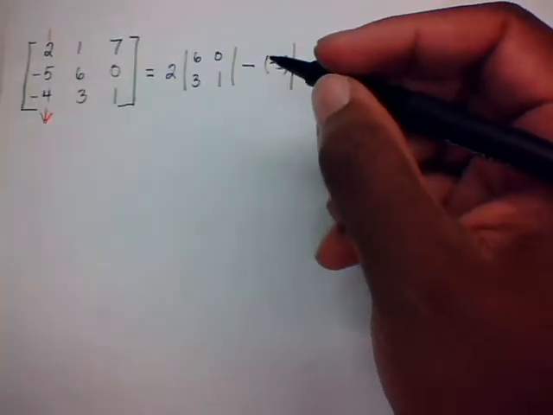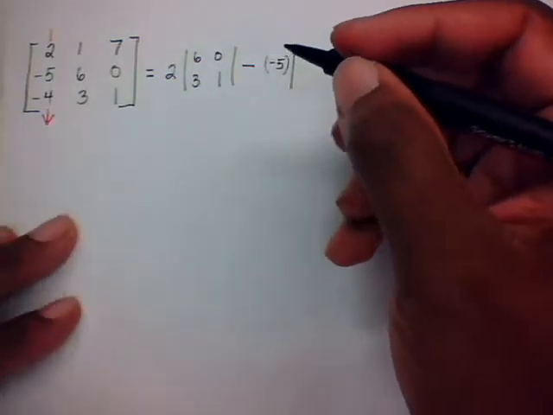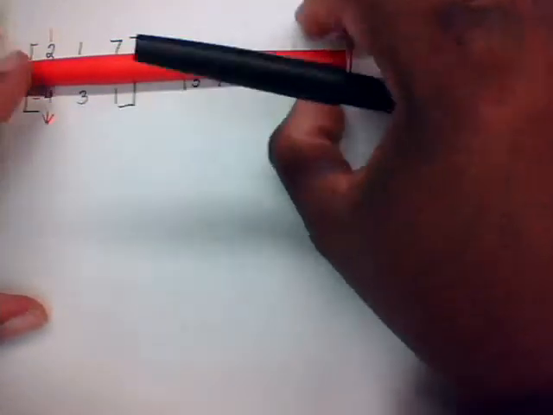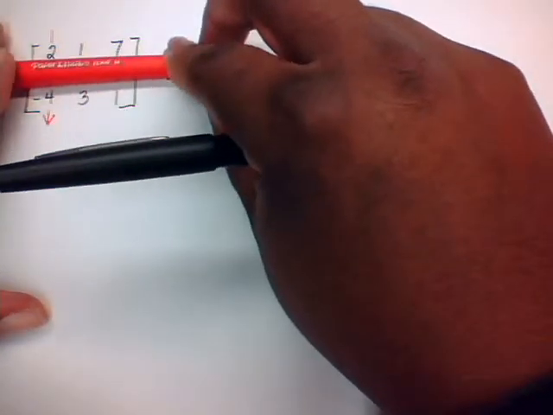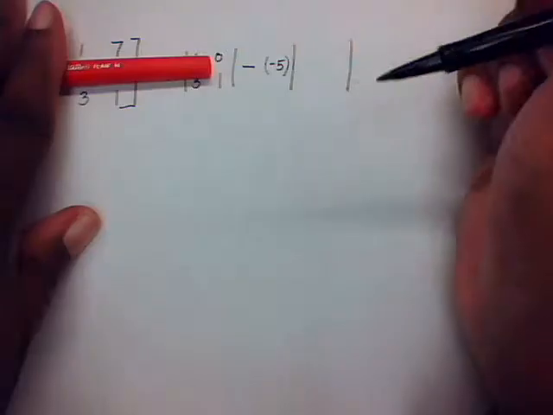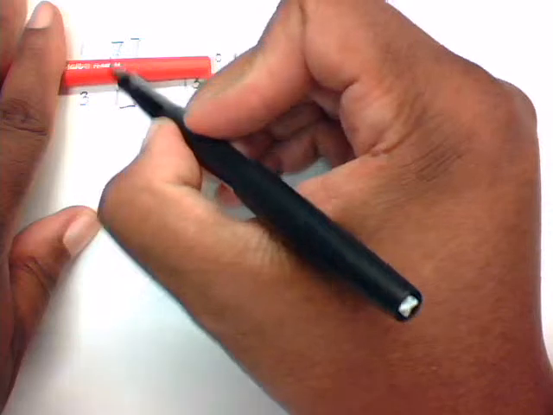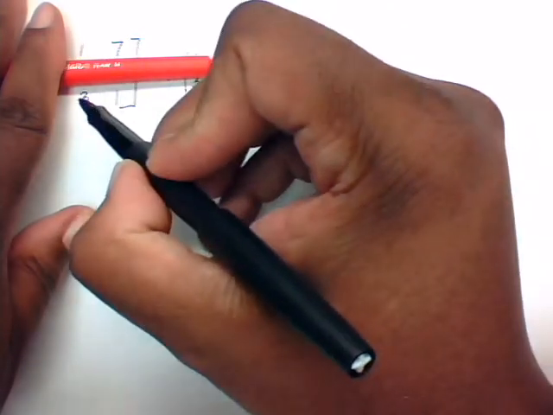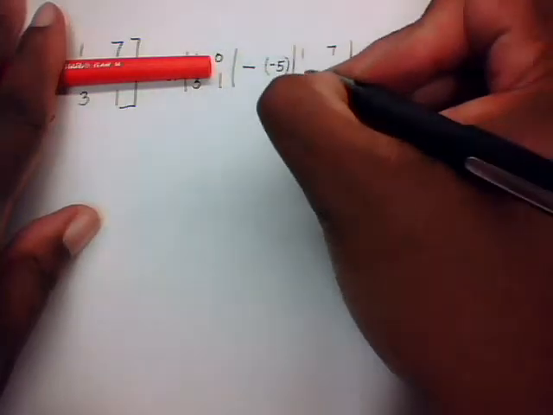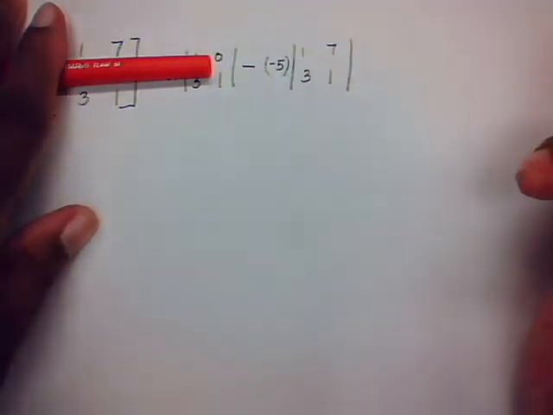So I cover up the second row and the first column with my finger. Here's my other minor, 1, 7, 3, 1. I'll write that down.